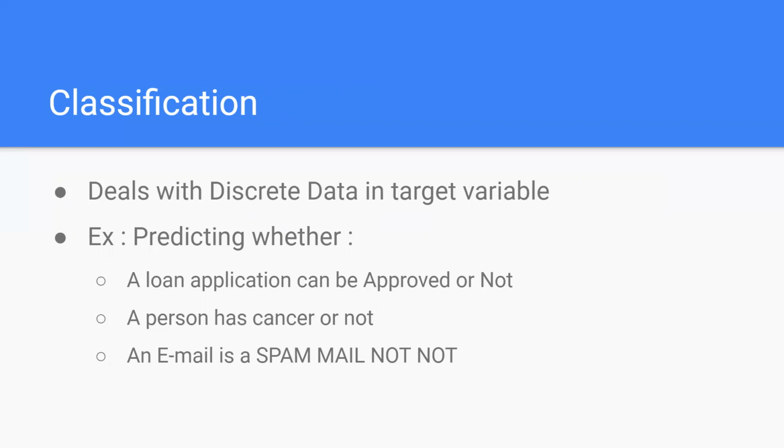Another important example is predicting whether a person has cancer or not. And one more is Gmail's spam mailbox. It's basically to classify whether a mail is a spam mail or not. Regarding the second one, we have to classify whether a person has cancer or not. Clear?